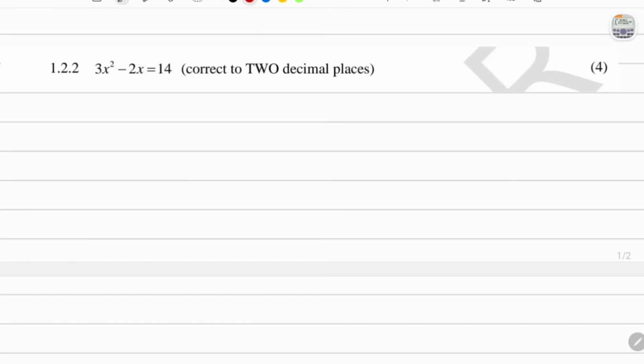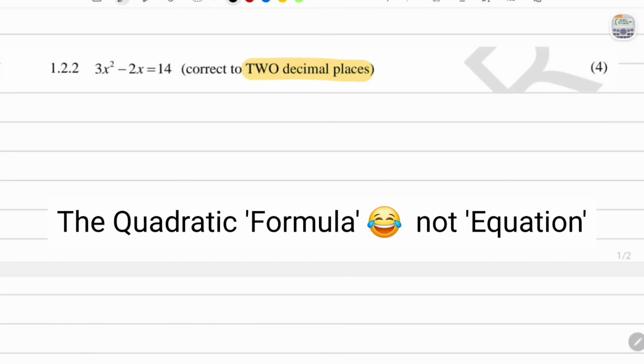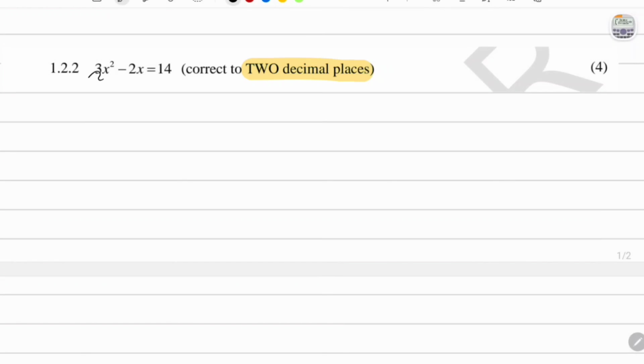Next question 1.2.2, we have to solve for x, but we need to correct to 2 decimal places. So if you need to correct to 2 decimal places, then it already means that you're going to have to use the quadratic equation. But for you to use the quadratic equation, this needs to be in its standard form. You see that the 14 is still on the right-hand side. It needs to come over.